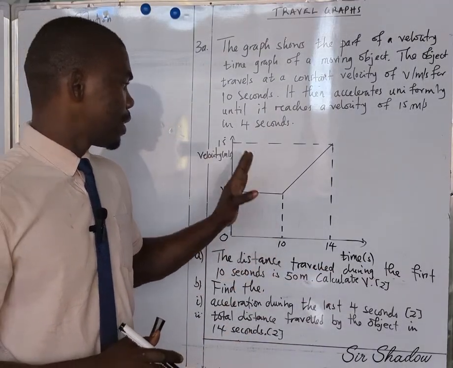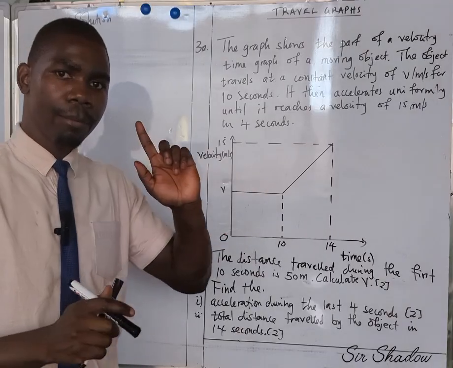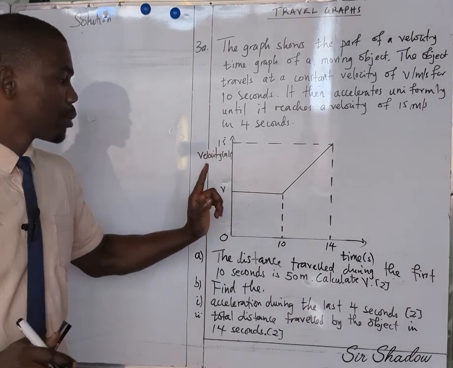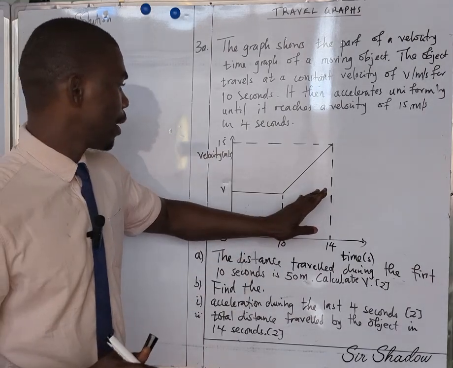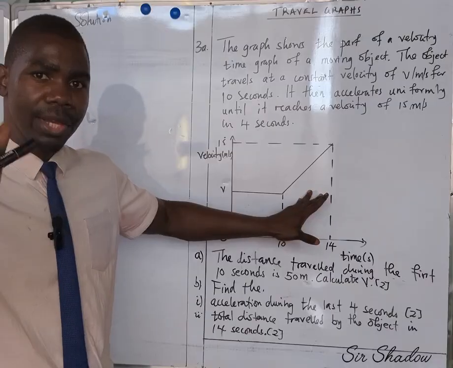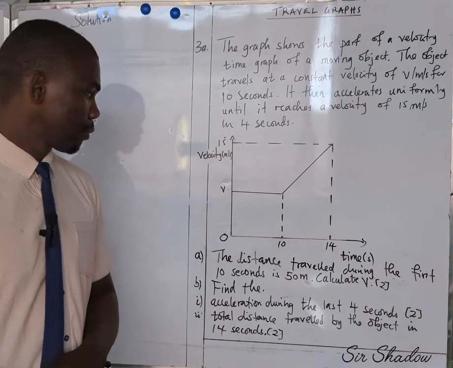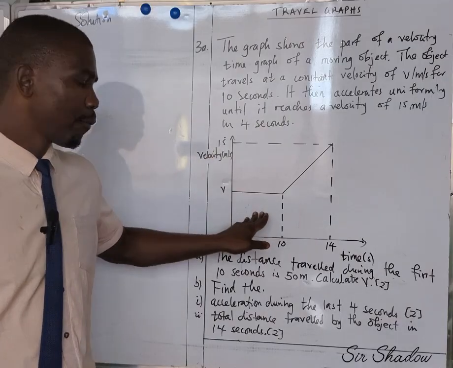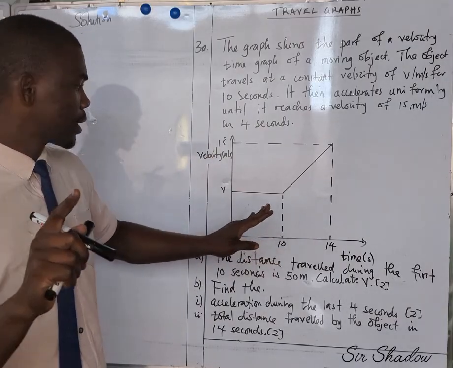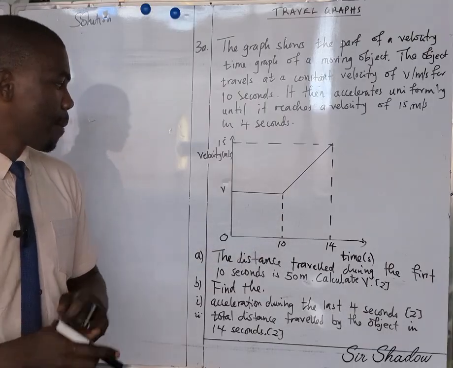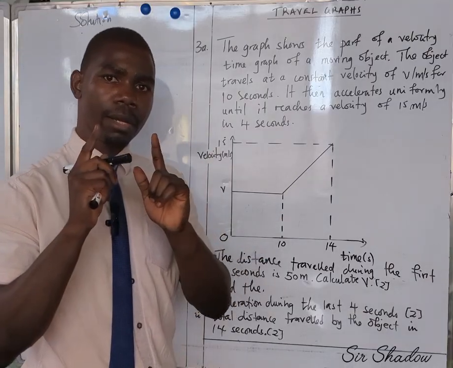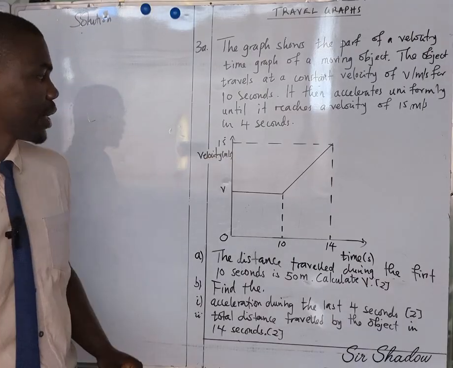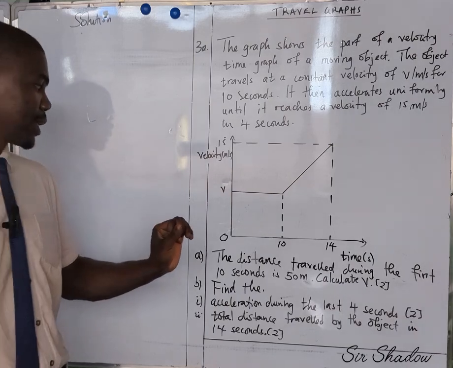The formulas we have to know: area of a triangle is half base times height; area of a rectangle is length times width; and area of a trapezium is half times (a plus b) times h.